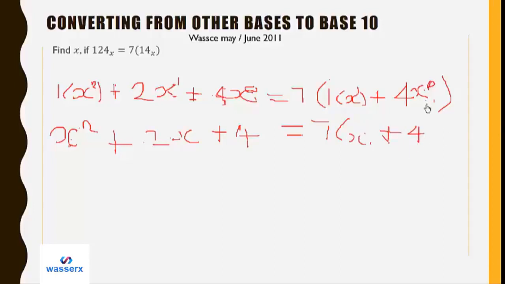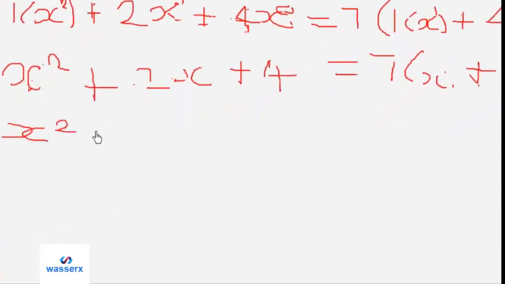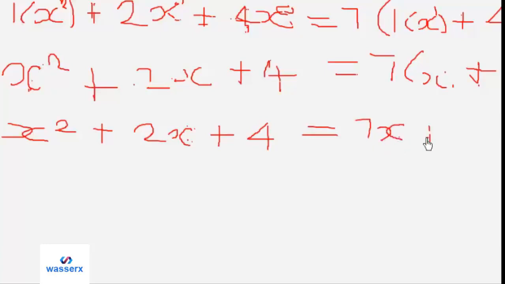Now we expand the right hand side, so we have x squared plus 2x plus 4 is equal to 7x plus 28.